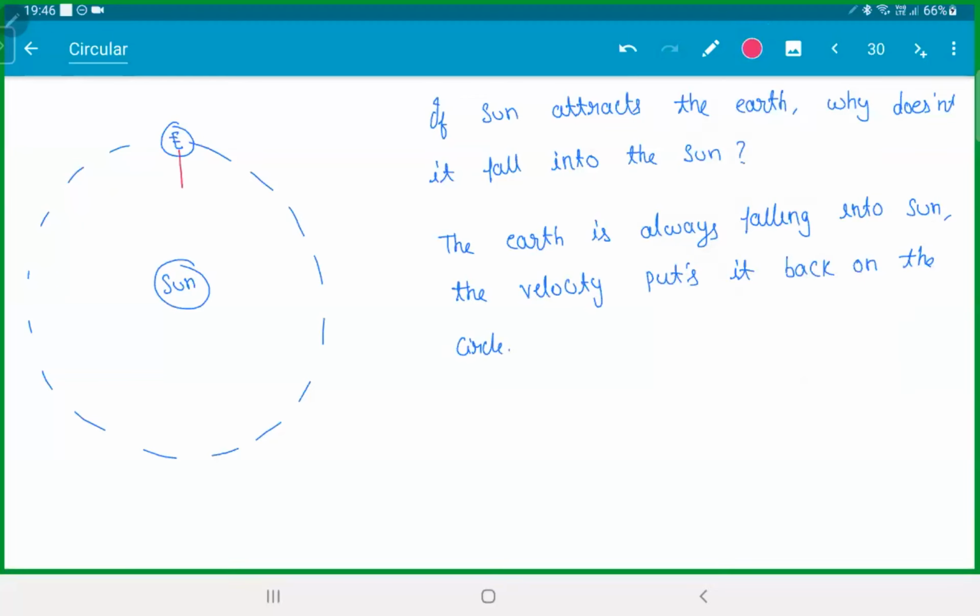Every time it falls, the velocity will put you back on the circle. That's what is happening. So there is no one to balance the force there. But this will happen only for a specific case. Every time you fall half at square, the ut will put you back, and so on. I'm not drawing it to scale, but I hope you got it.